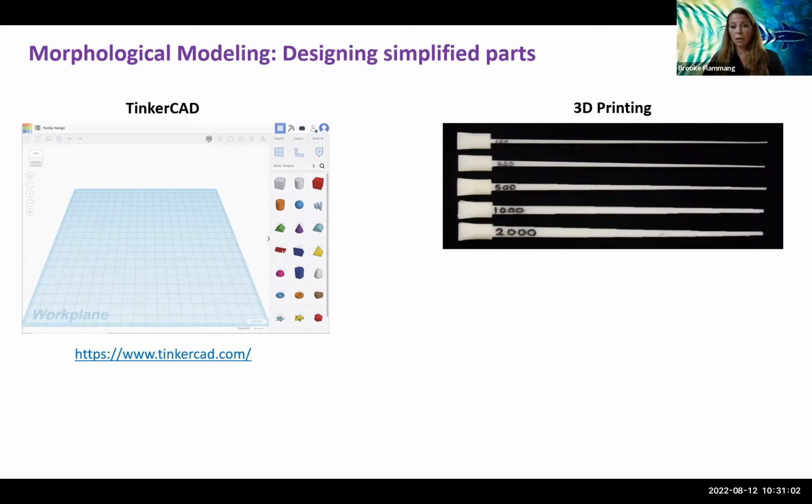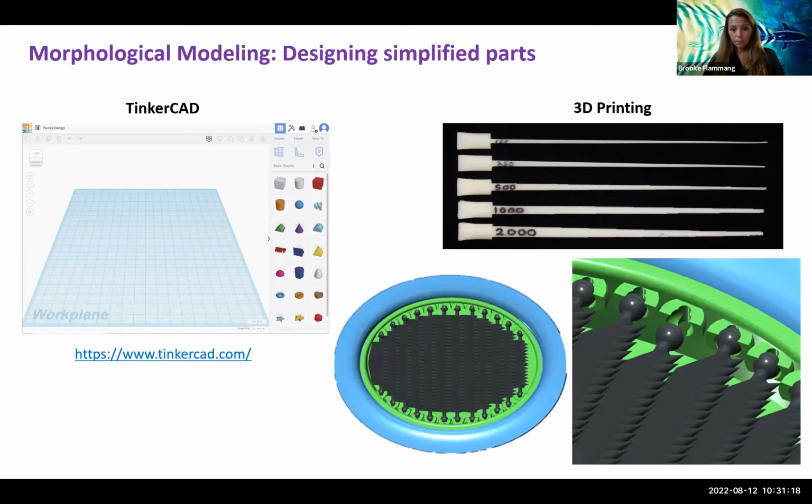Then once you go ahead and you 3D print things, which Talia is going to get into in more detail soon, you can make them, say for here, we were making different stiffness fin rays. And so we could very easily manipulate the same piece over and over again in slightly different ways in order to have testable components. And one of the ways that we've used this specific method recently in my lab is in looking at the adhesive discs of remoras.